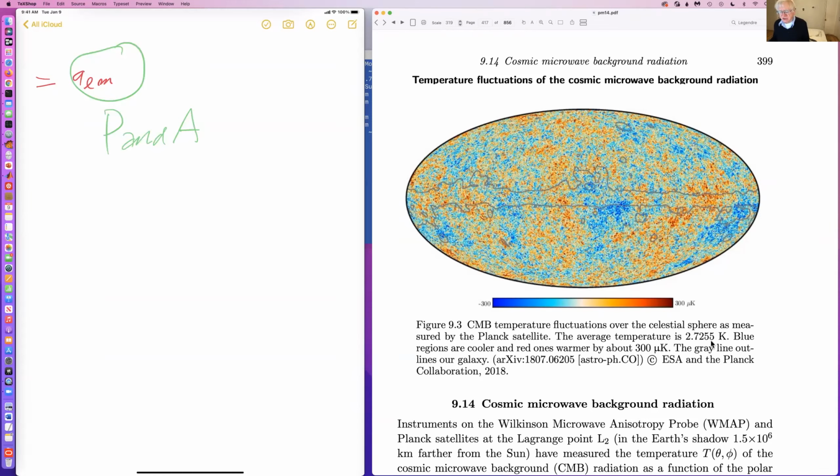The average temperature is 2.7255 Kelvin, and it's the best black body we have. In other words, if people go into the laboratory with a grant for $1 million and try to make a black body, they're not going to do as well as the universe's black body.